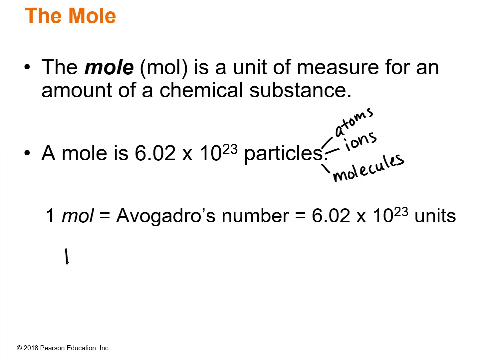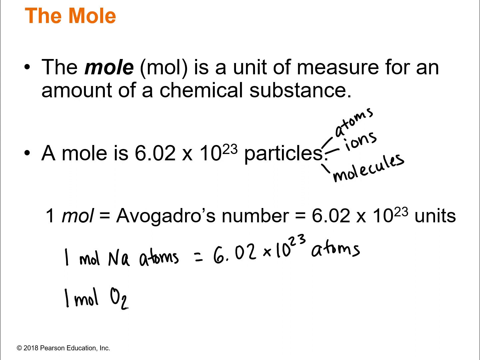So if I have 1 mole of sodium atoms, that means I have 6.02 times 10 to the 23rd atoms. If I have 1 mole of oxygen molecules, remember O2, it's a shout out to Chapter 7. If you don't remember that, it's a diatomic molecule. If you have 1 mole of oxygen molecules, you've got 6.02 times 10 to the 23rd molecules.